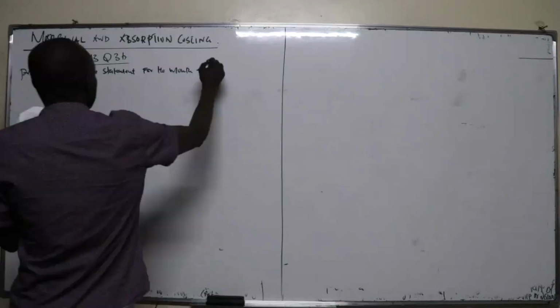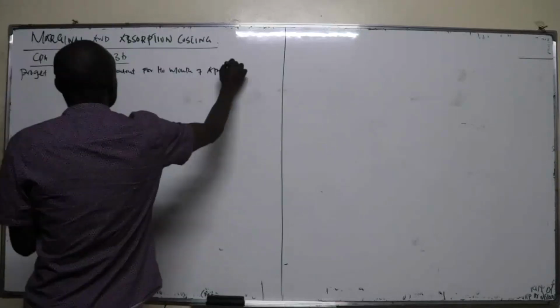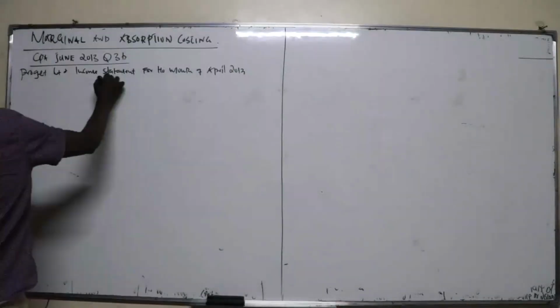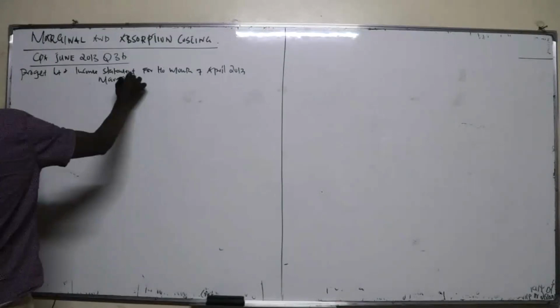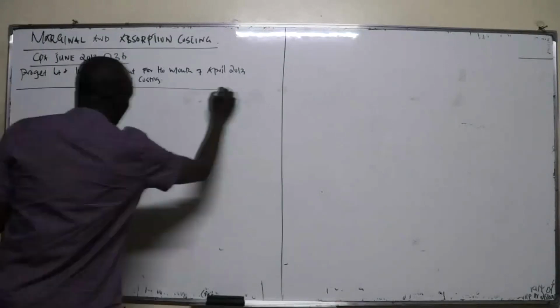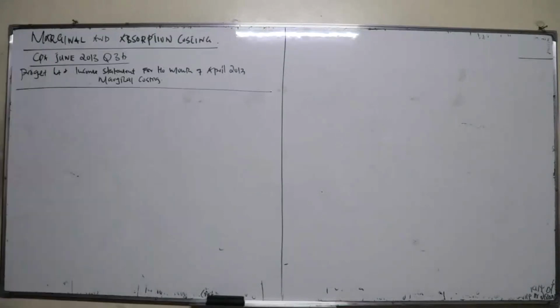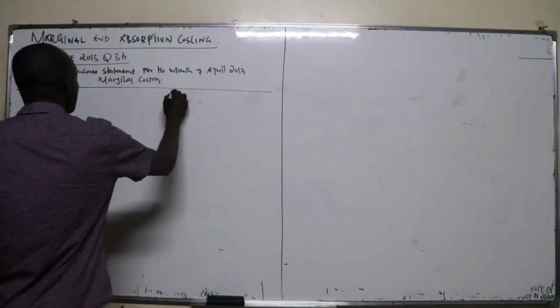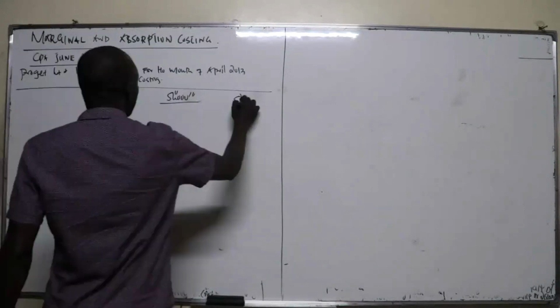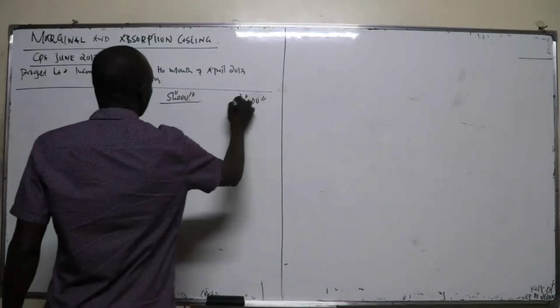This is marginal costing, and then you properly underline. So here we can have shillings in thousands. So here we identify the sales value.